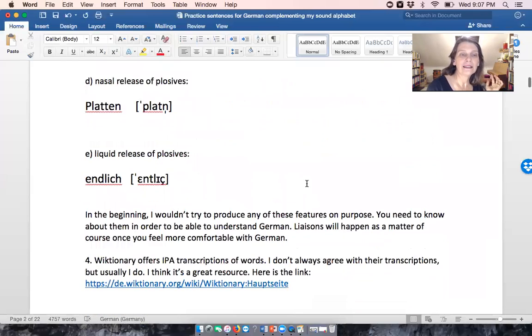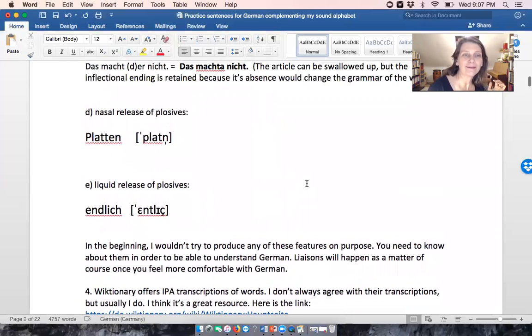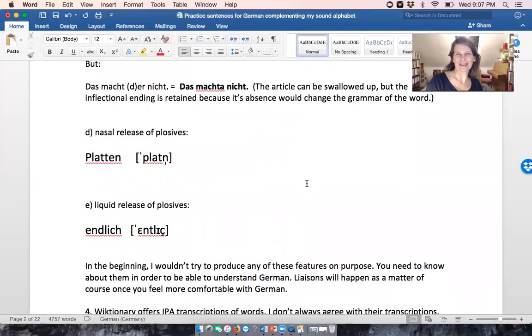Now, one more thing. No, two more things. I already mentioned the nasal release of plosives, but here I have a specific example. "Platten" can mean all kinds of things. Die Platte is actually the vinyl record.